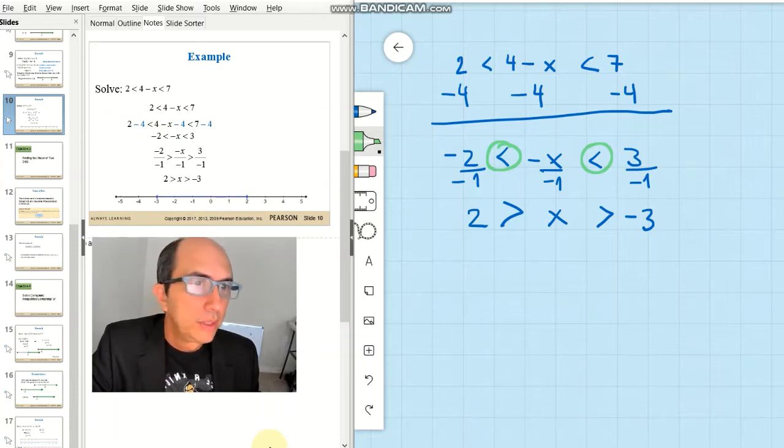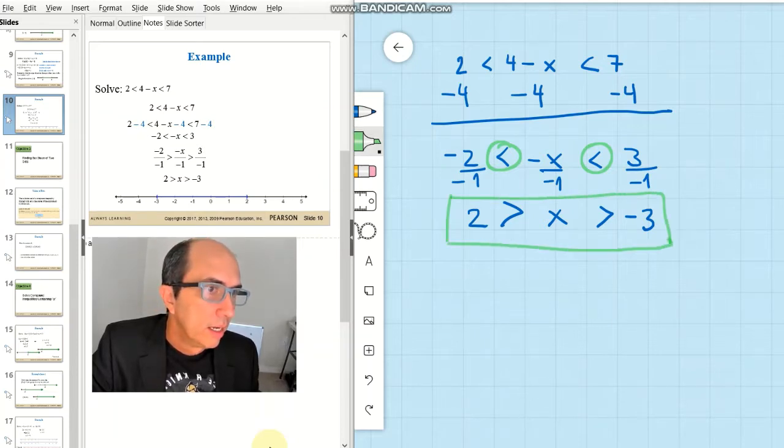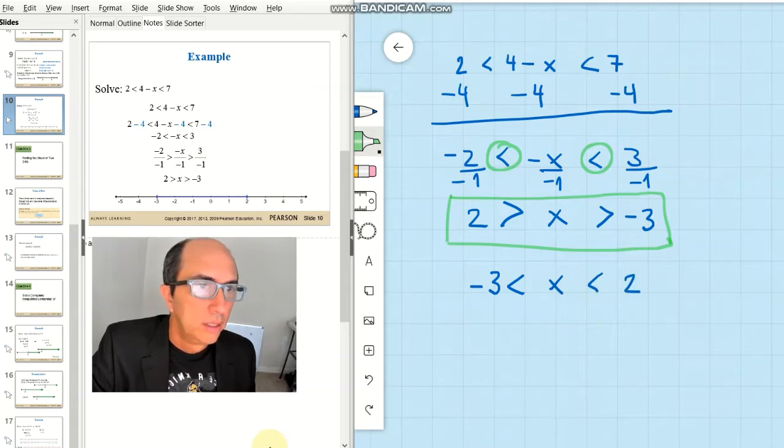And this is the result. And remember, you can say here 2 is greater than x, which is greater than negative 3. Or you can also say it's the same thing, negative 3 is less than x, which is less than 2. See, it's the same thing.